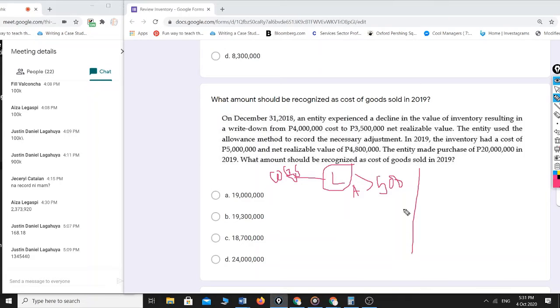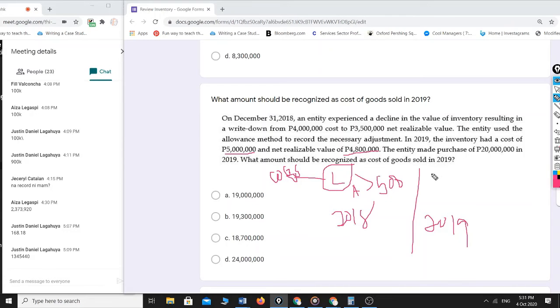Okay? Pagka next year, okay, this is year 2018. Pagka 2019, say nahitabo ang iyang inventory gikan sa 5 million nahimo og 4.8 million. Okay? So therefore, ang atong allowance for inventory write down should be 200,000. But since naka-record tag 500,000 last year, of course, pagka 2019 nagyapon ni allowance for inventory write down nga 500,000. But take note, dili na 500,000 atong allowance, it should be 200,000.